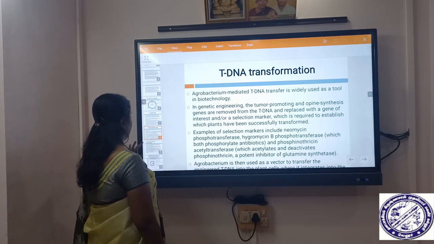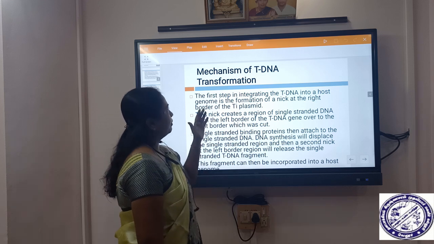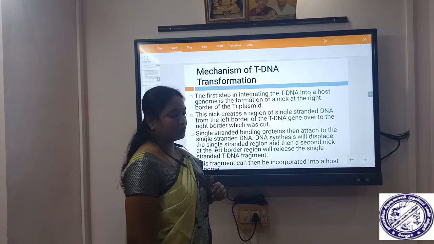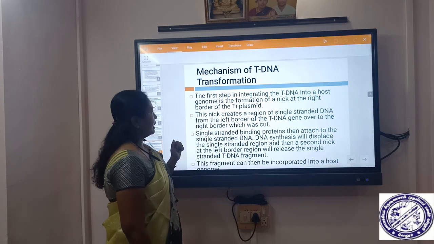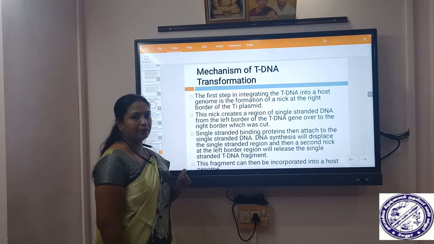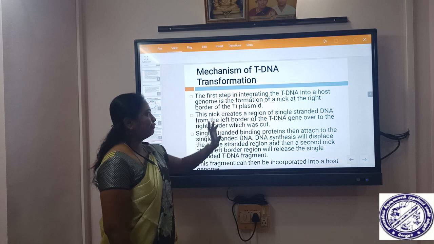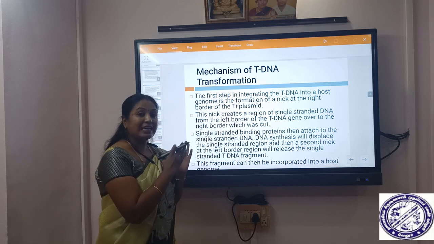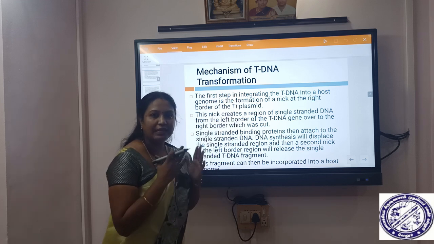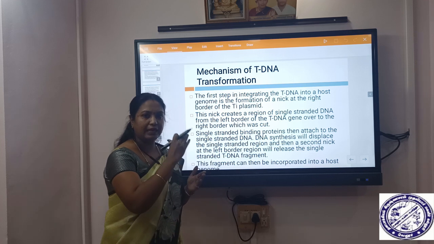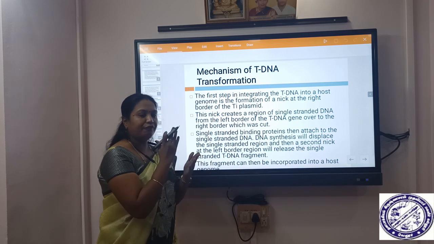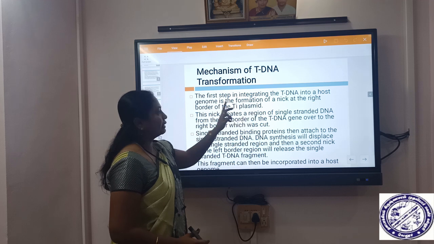And now we are going to see about the mechanism of tDNA transformation. The first step is the integration of tDNA into the host genome, which is going to get started with the nick formation. What do you mean by nick? Nick is nothing but a gap. First a nick will be formed at the right border.